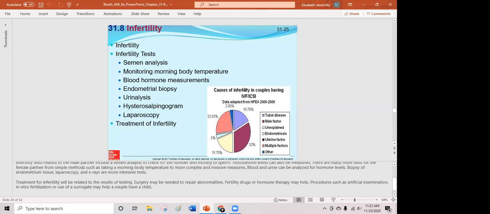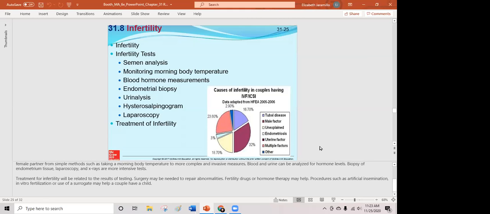Sometimes fertility drugs or hormone therapy may help you to become fertile or to produce a viable egg, depending again on your situation. Procedures such as artificial insemination, in vitro fertilization, or the use of a surrogate can definitely help a couple have a child and enjoy parenthood.